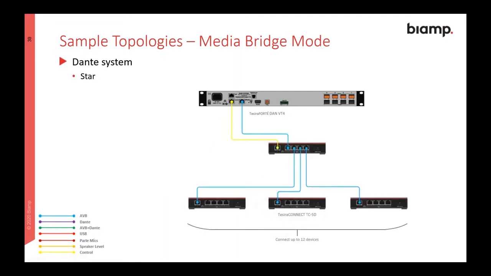So you can do both daisy chained and star configurations. Okay, so pretty straightforward, simple enough. You can apply the same concepts of the networking that you've been using for other switches to the TesiraCONNECT as well.